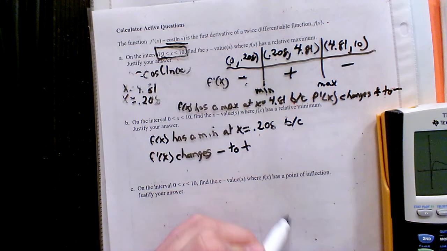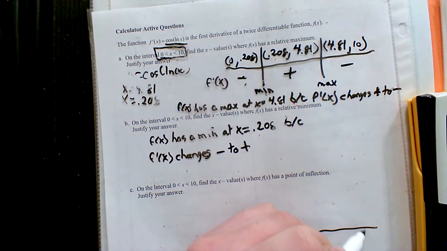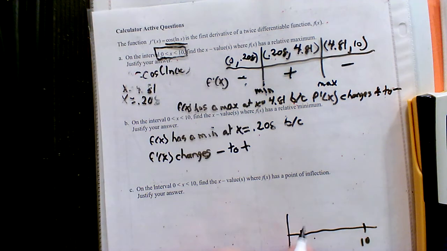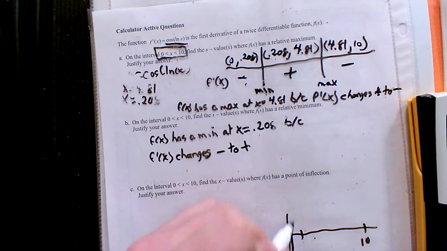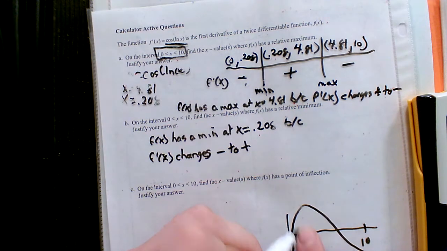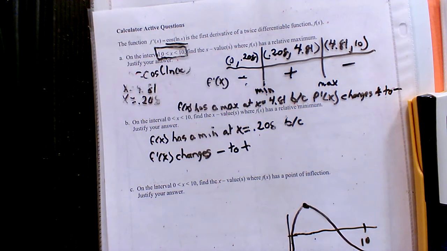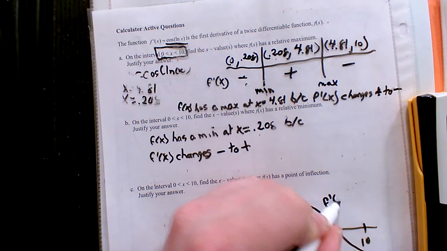So if you want to draw that on your paper, so if you look back in your notes and you don't have your calculator, you know what we're talking about. It's going to go up like this and down, something like that. And we know we have, well, we don't know what it is yet, some max value here. Okay? This is f prime of x.